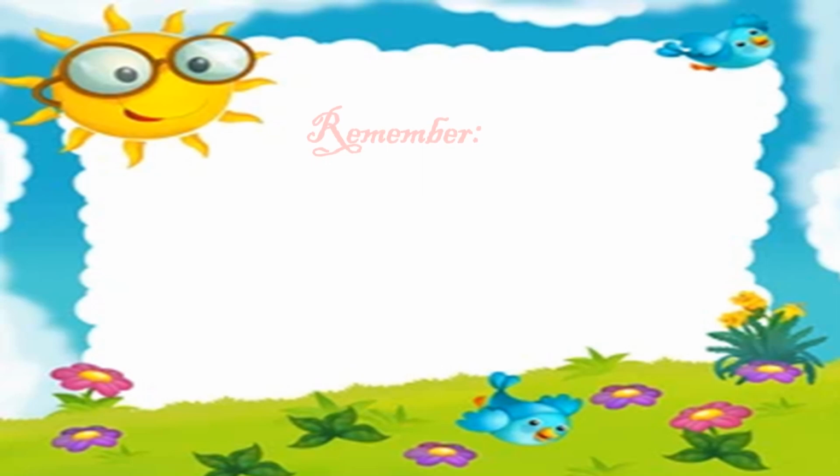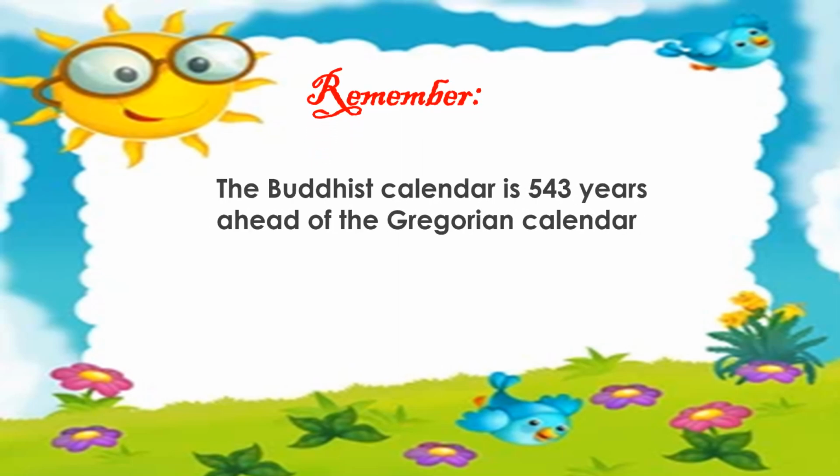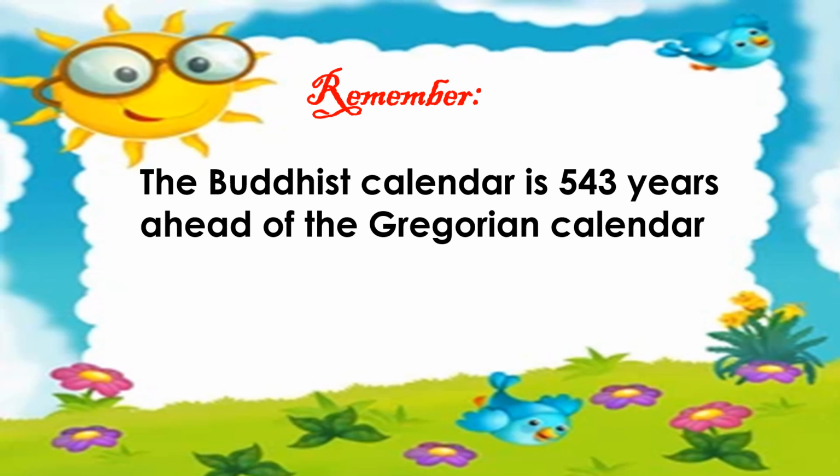But remember that the Buddhist calendar is 543 years ahead of the Gregorian calendar. Can we read one more time? The Buddhist calendar is 543 years ahead of the Gregorian calendar.